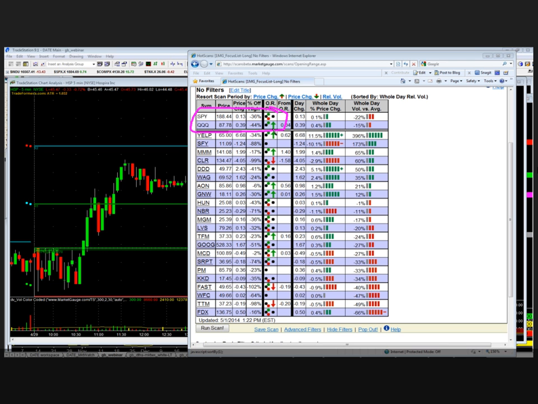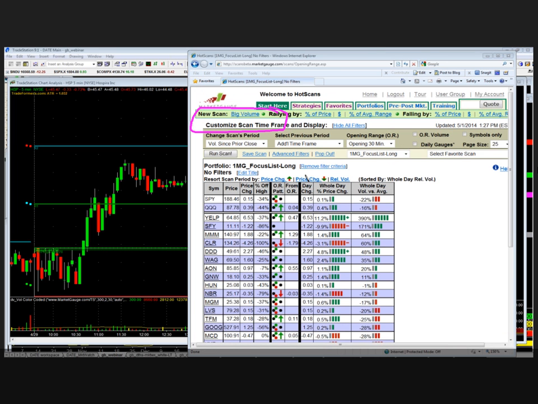So let's take the reverse. The Qs are trading over their opening range. If I wanted to see if anything in my focus list or in my portfolio broke out over the opening range but was now pulling back into the opening range, I can easily do that.